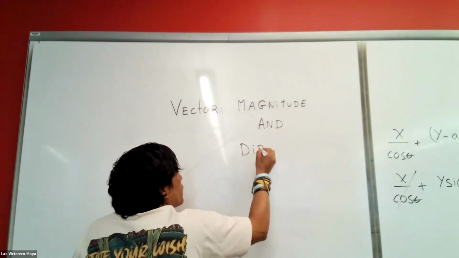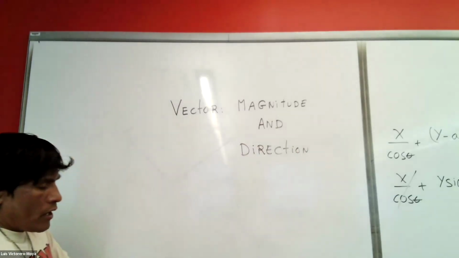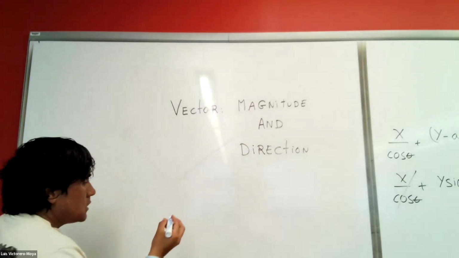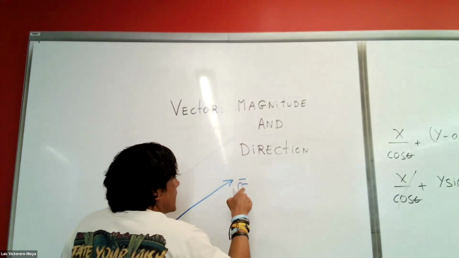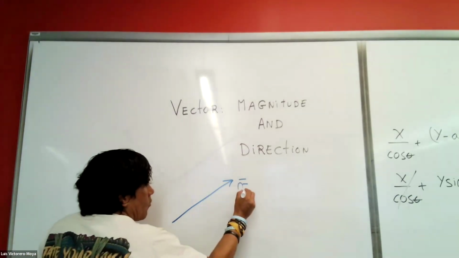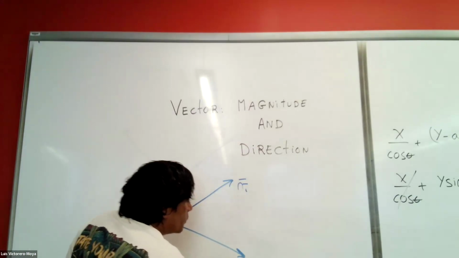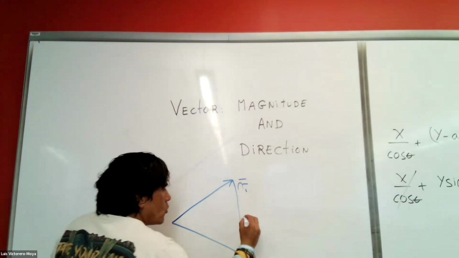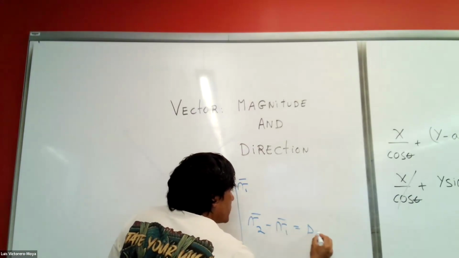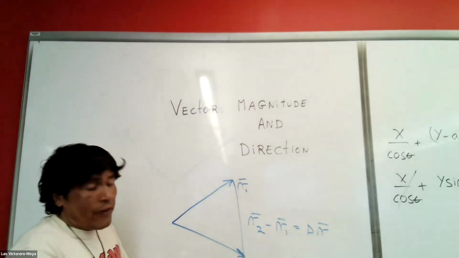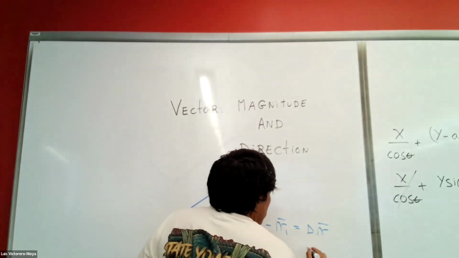So an example will be from physics 1. Displacement, right? When you guys did the vector R for position, you have R1, and then you have here R2. You drew this to show you R2 minus R1, which you call delta R. This is the displacement. That's a vector.